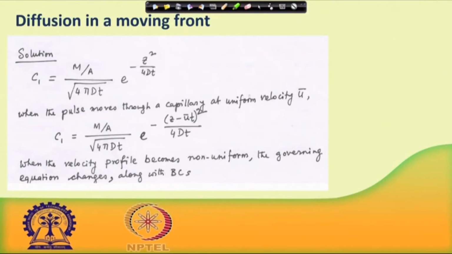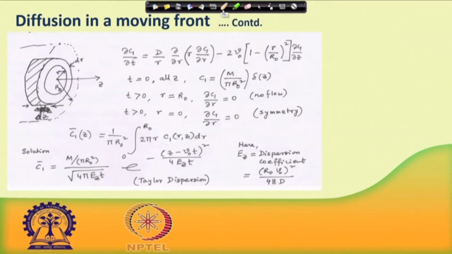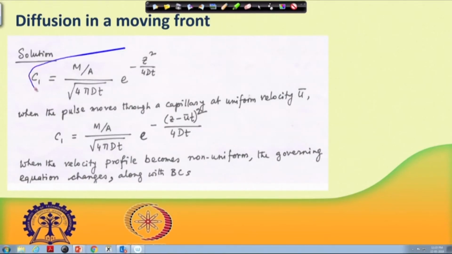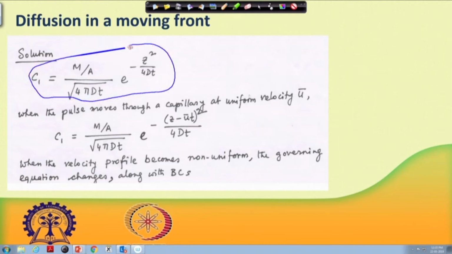What we discussed earlier is that in a static system, this is the equation we had derived. C1 is a function of z and t, position and time, and this is given by m, the total amount of solute one places at z equal to 0, in kg of solute.